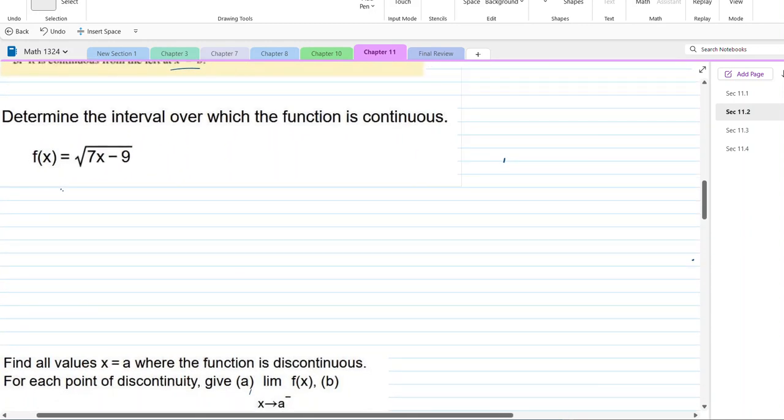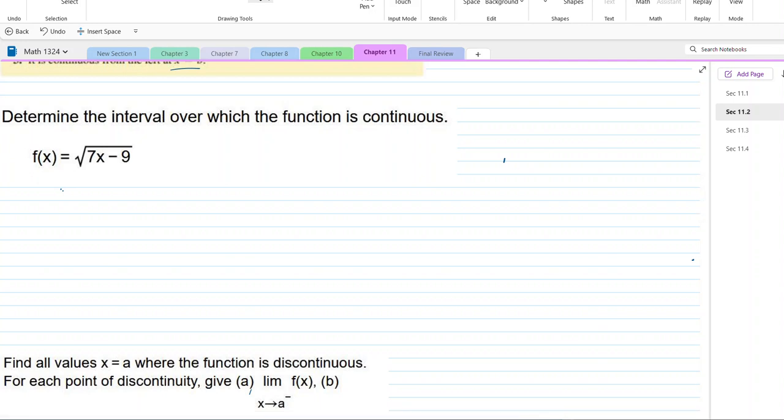All right, so let's look at the interval over which the function is continuous. So our first step is to find the domain. So we have 7x minus 9 has to be greater than or equal to 0. 7x is greater than or equal to 9. We're going to divide by 7.